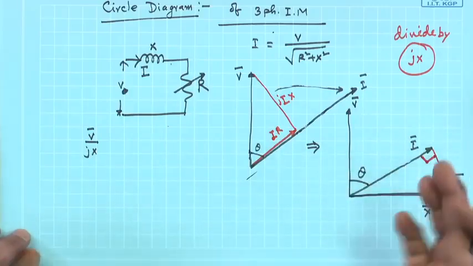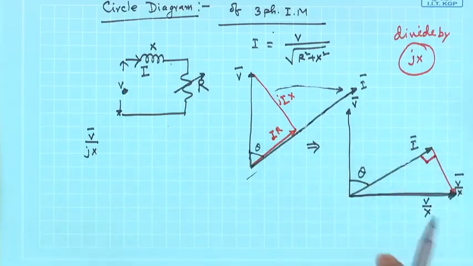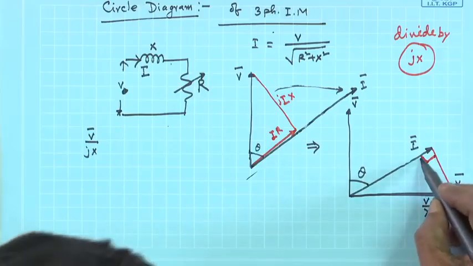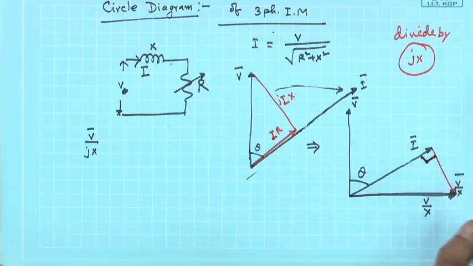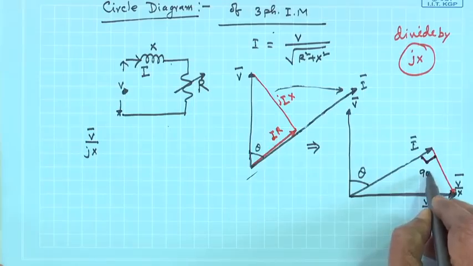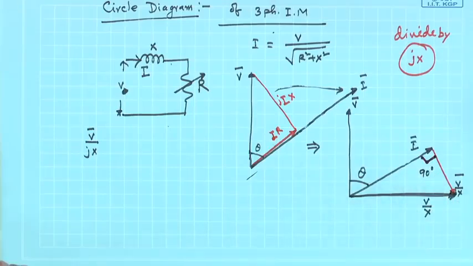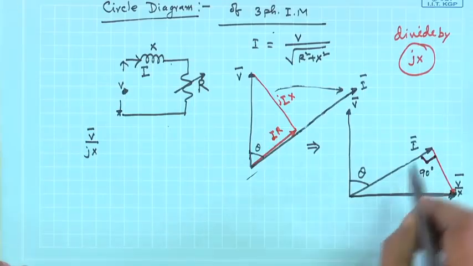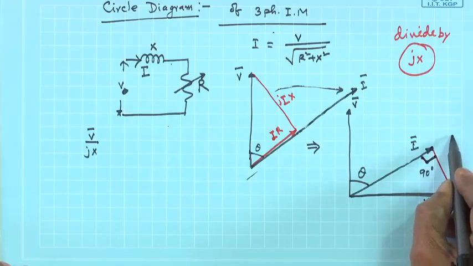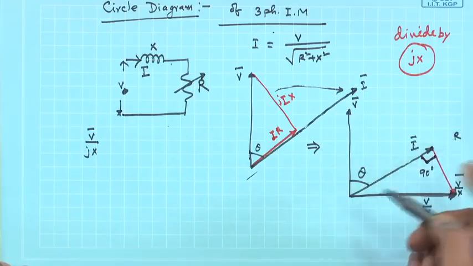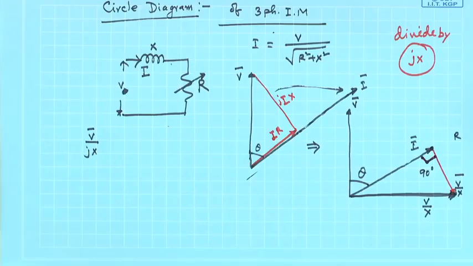With that side we have nothing to do except to say that this angle will also be 90 degree. Now, this is for a particular value of r, any arbitrary non-zero value of r.